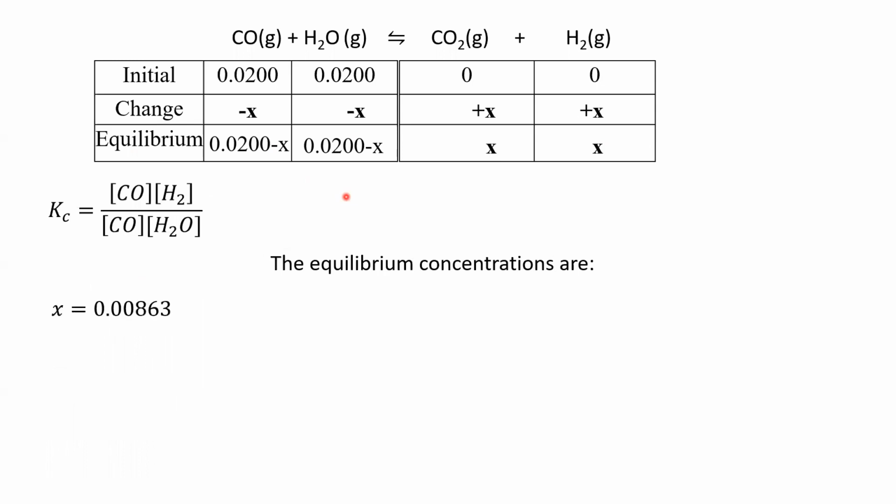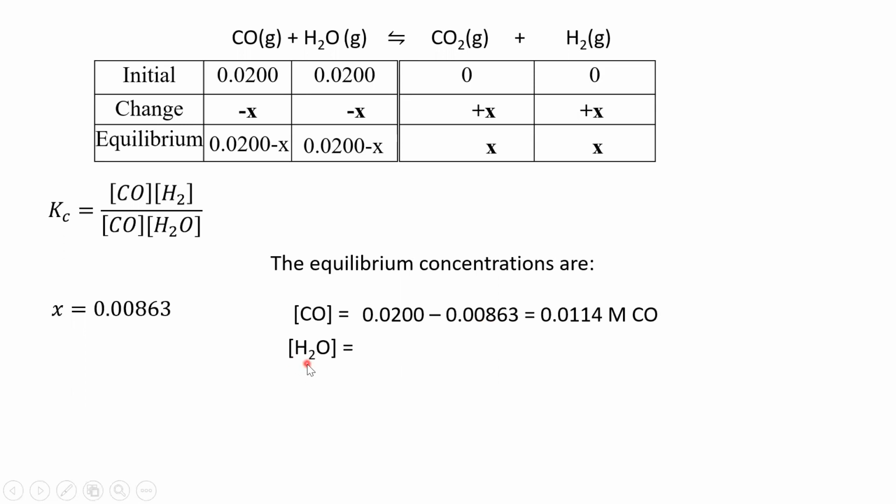To calculate the equilibrium concentrations, the carbon dioxide is X and the hydrogen is X. And the carbon monoxide and the water are both 0.0200 minus X. So carbon monoxide is 0.0200 minus X. Water is actually the same thing.